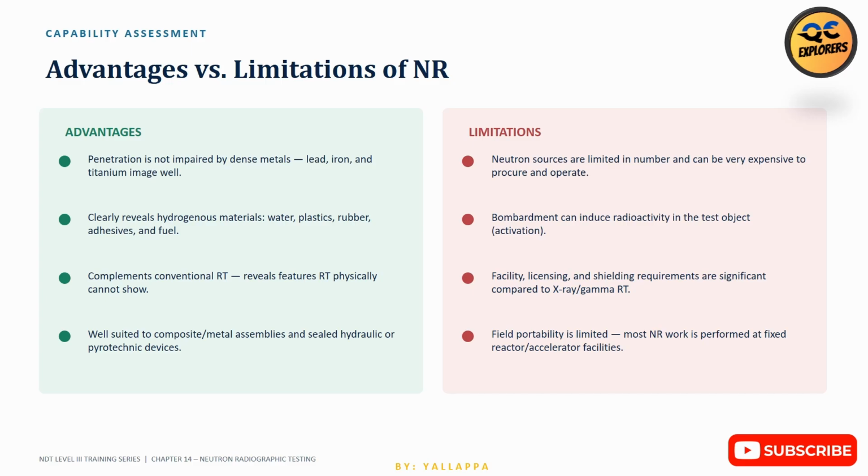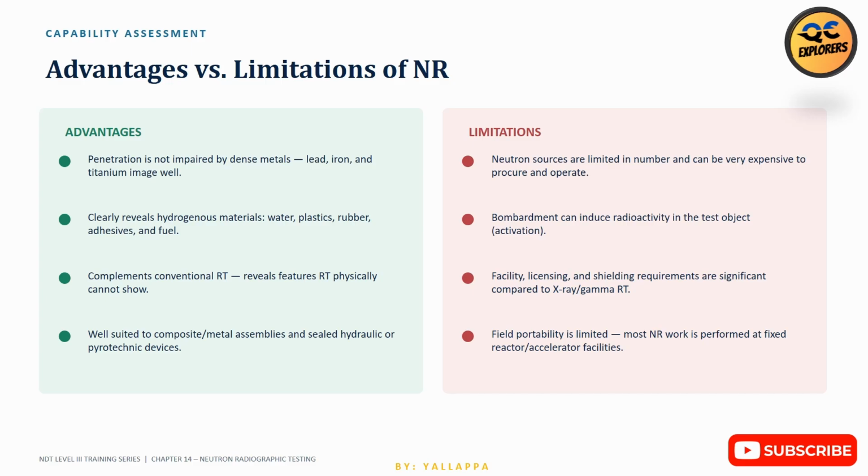As inspectors, it's important to understand that neutron radiography is selected not because it is universally superior, but because it provides unique information that other inspection methods simply cannot obtain. When choosing an NDT method, always consider the inspection objective first.